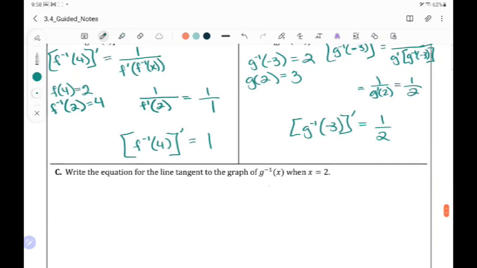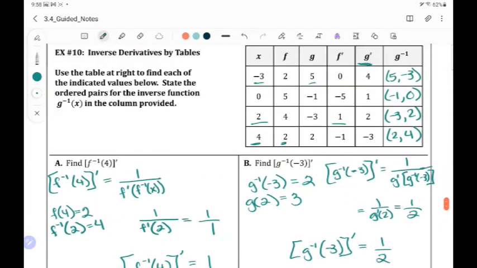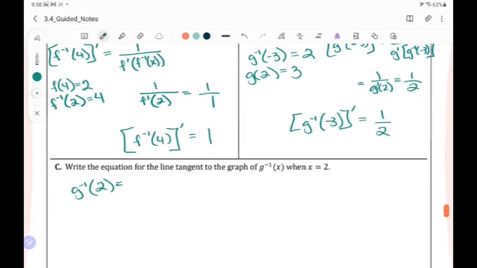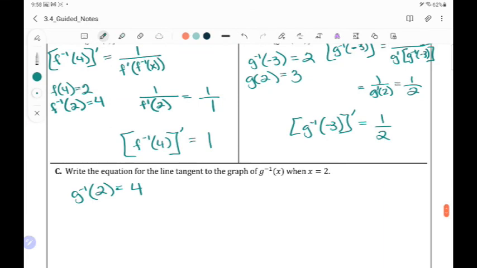Write the equation for the line tangent to the graph of G inverse of x when x equals 2. Okay, so we've got G inverse of 2 equals what? Look at our table. G inverse when x is 2 is 4. And so we know that G inverse of x prime equals 1 over G prime of G inverse of x.